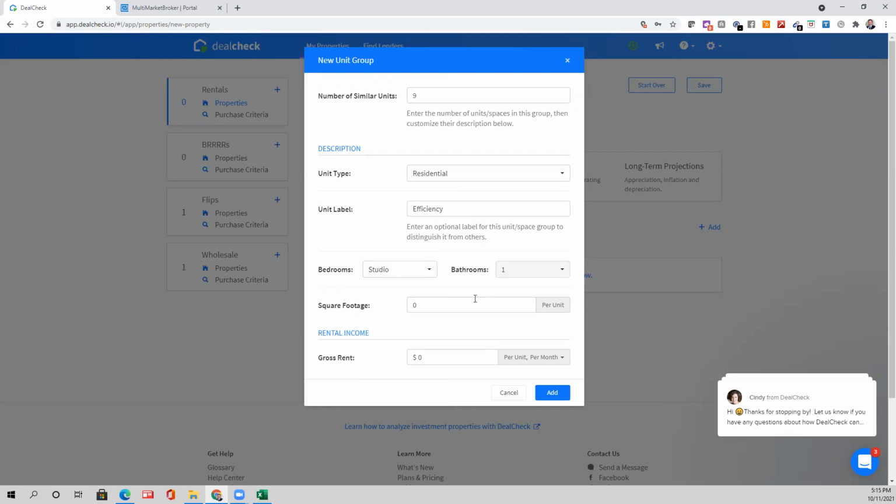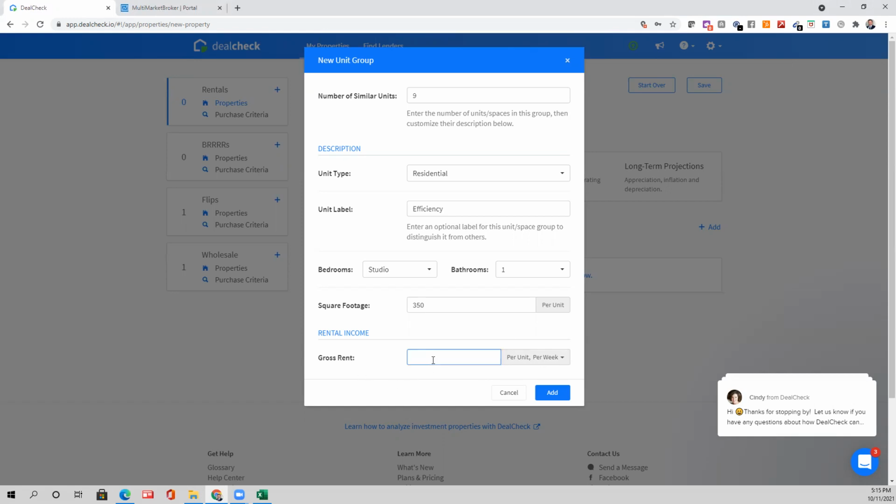Square footage is approximately, let's say 350. These were very small. This used to be a motel. The gross rent, see, this is doing it per month, but you can change it per day, per week. In this case, it is per week. So this particular unit was getting $220 on the efficiency.